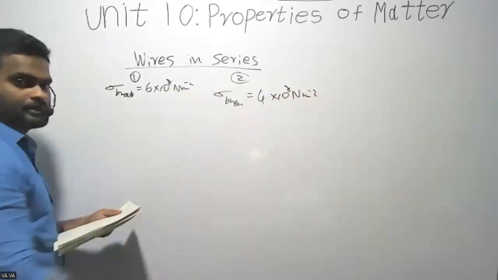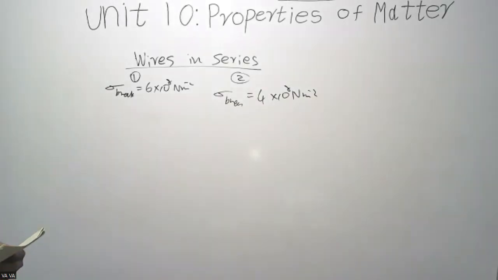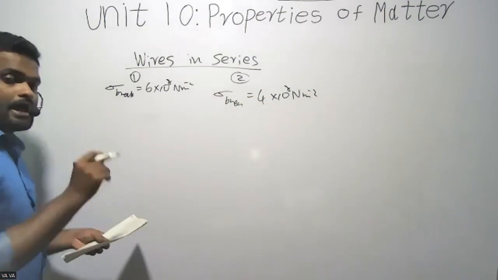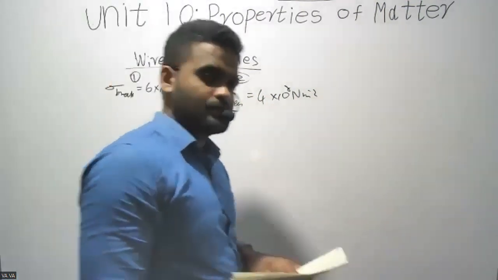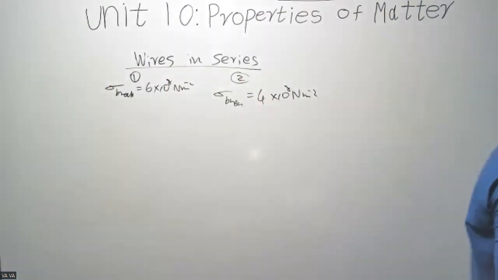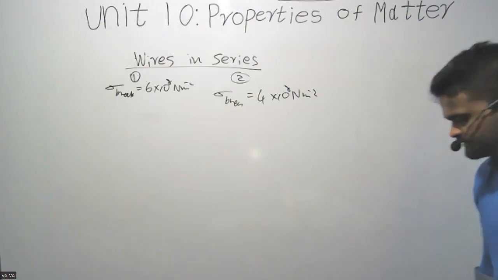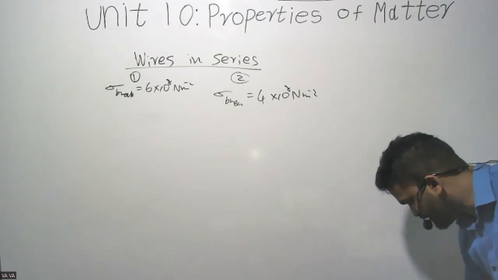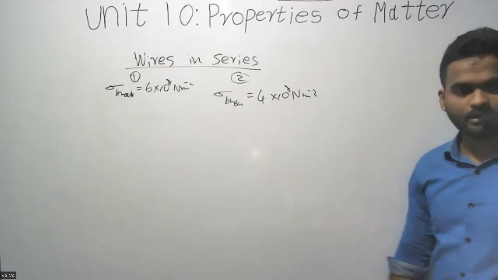These are the values for each wire. And cross section of each wire is 5 square millimeters.